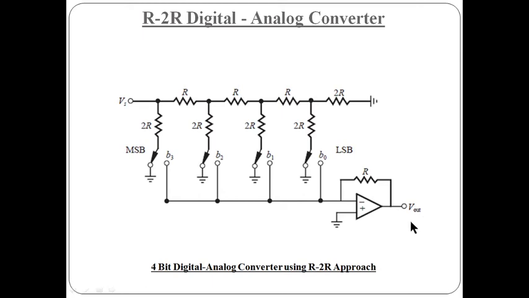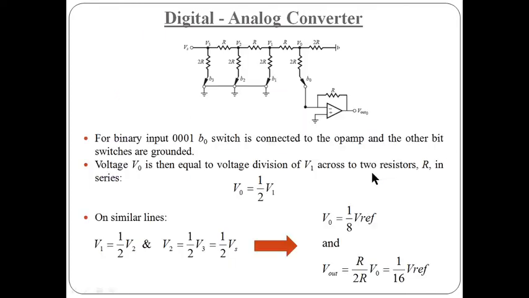The network has some unique and interesting properties. It uses only 2 values of resistance, which makes for easy and accurate fabrication and integration. If the bit is low, here you can see these switches, bits B3, B2 and B1, are connected to the ground. This means the value of these bits is 0, which is why they are connected to the ground.